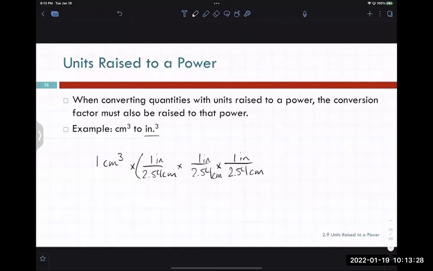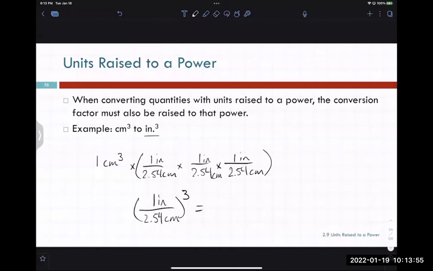Or we can truncate this whole thing and do 1 inch over 2.54 centimeters, cubed. So the cube in this case is going to apply to everything inside.